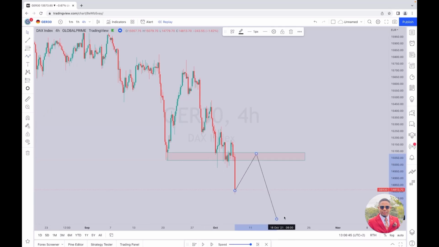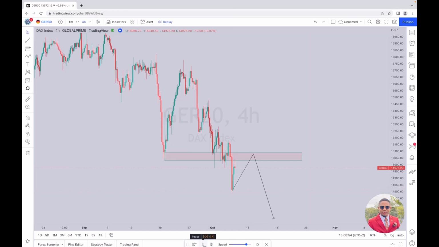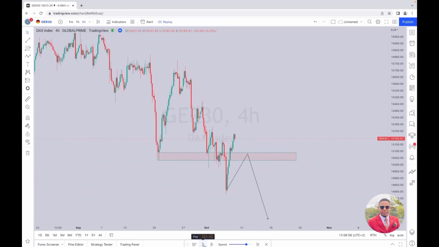It goes down. That's what we are predicting in this particular market, right? So if price decides to move up like that, then when it breaks like this, the trend has now ended.